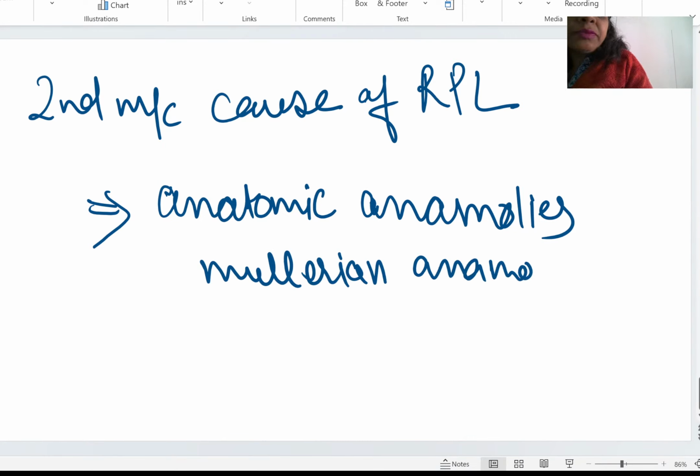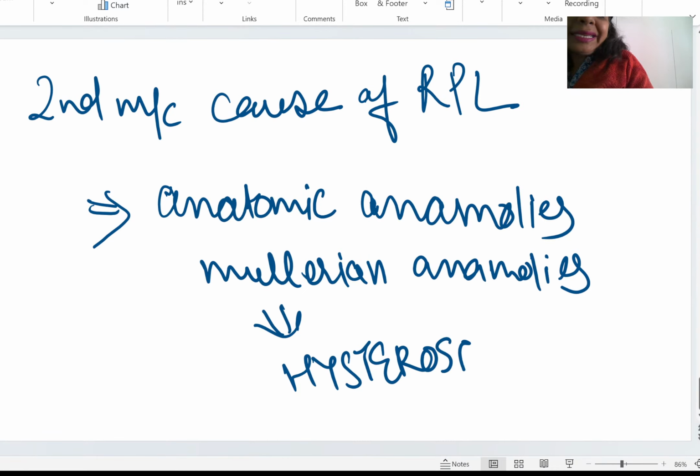And what is the test we do for Mullerian anomalies? Hysteroscopy. Is it clear? Is this question clear to every one of you? Question number 19 is clear?